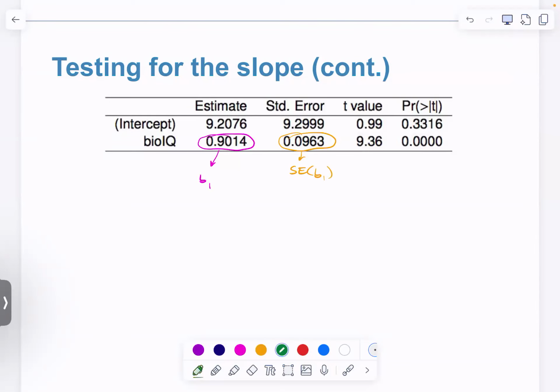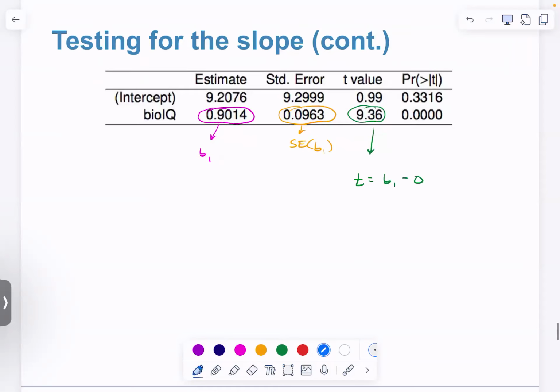And what we said already is that T is B1 minus 0, right? Because we want to test if the beta 1 is 0 or if beta 1 is significantly different from 0. So that's where the 0 came from, right? How far is my slope from 0? I'm hoping it's far enough away from 0, because what does a slope of 0 mean?